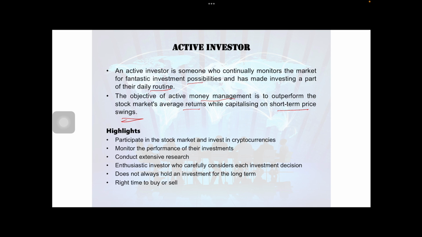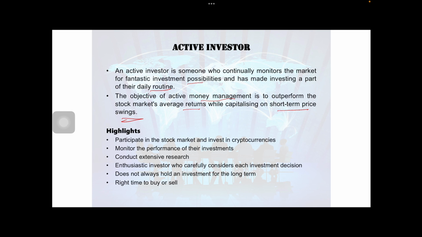What short term price swings are, we will talk about in later videos, but for now, an active investor has the basic objective to outperform the return he is getting from the stock market.